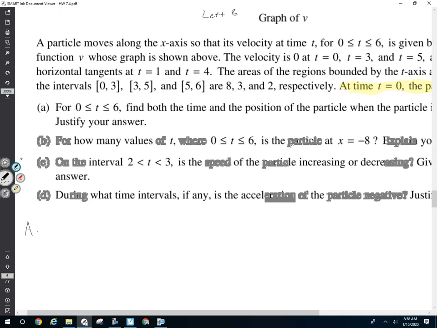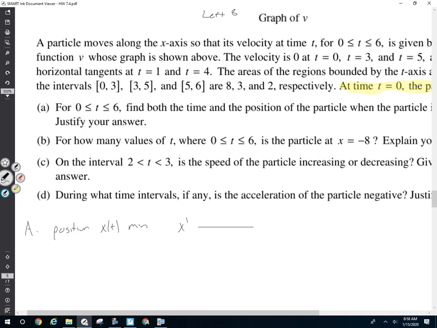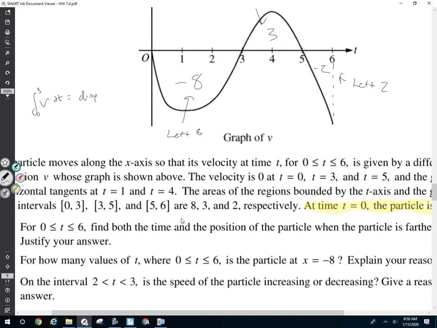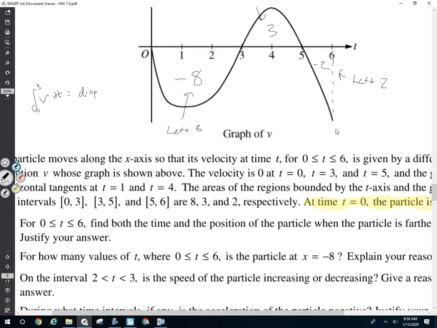Okay, farthest left. That will be when our position, x of t, is a min. That'll be when x prime changes sign from negative to positive or at an endpoint. x prime is v. V's are negative, then positive, then negative.